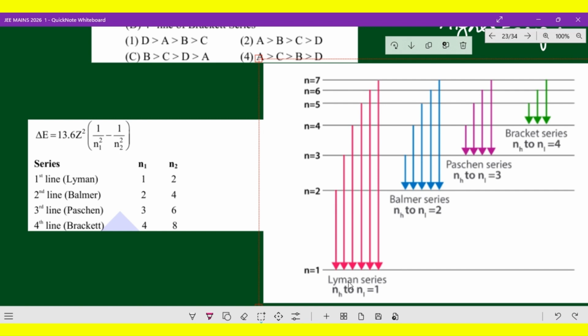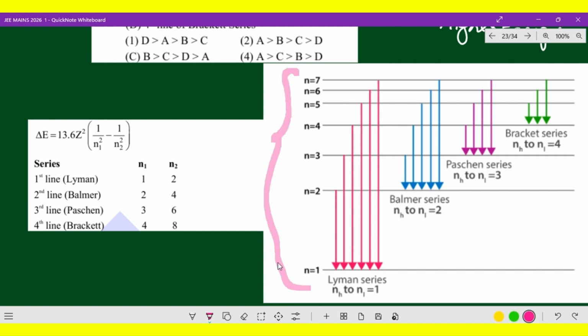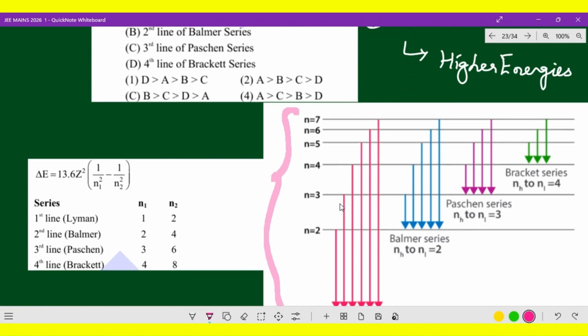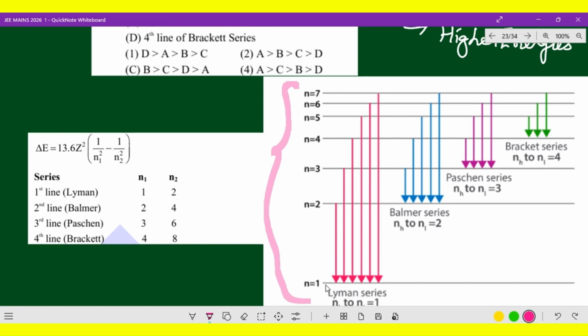So N1, it is the Lyman series. Okay, so N1, 2, that level is actually very small, but the energy gap is very large. You see this energy gap, from here to here, that energy gap is larger. That is what I just mentioned. Smaller values, higher energies. And the same way, N1 equal to 1, N2 equal to 2, 3, 4.